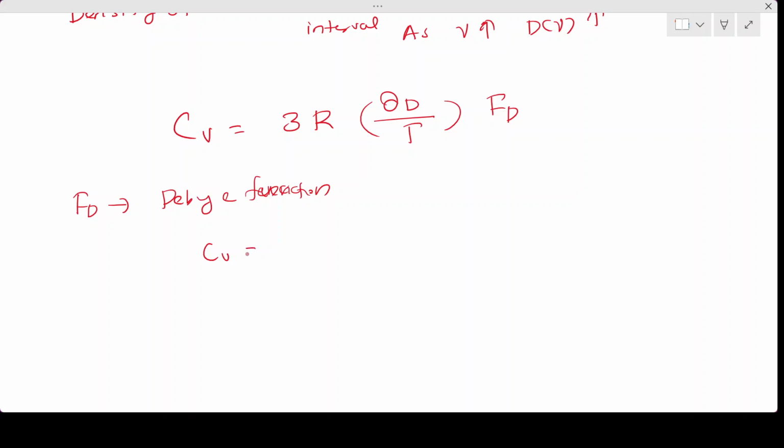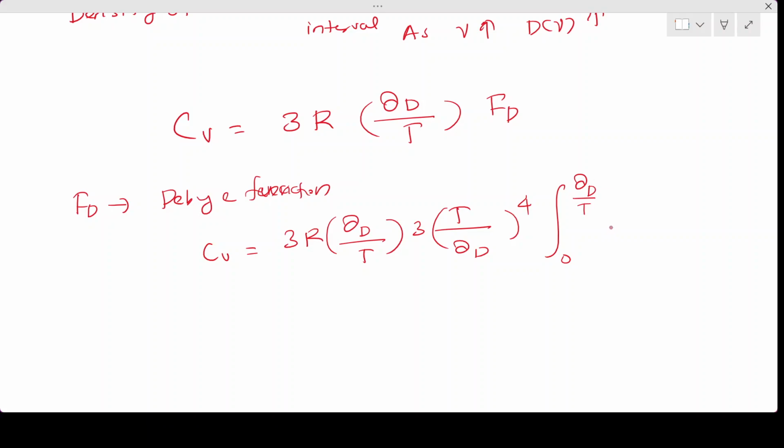So you can say that when you expand that, CV is 3R into theta D by T into 3 into (T by theta D) raised to 4, integral from 0 to theta D by T, e raised to x, x raised to 4 divided by (e raised to x minus 1) square, dx.